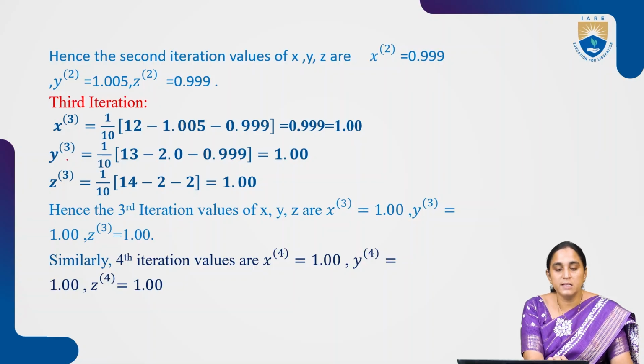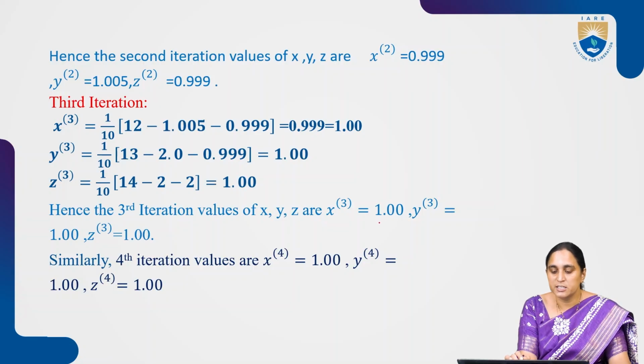Similarly, for the third iteration y value, 1 by 10 into 13 minus 2.0 minus 0.999, we get 1. And similarly, z power 3, by using x power 3 and y power 3 values, 1 by 10 into 14 minus 2 is equal to 1. Hence the third iteration values are x power 3 is equal to 1, y power 3 is equal to 1 and z power 3 is equal to 1.